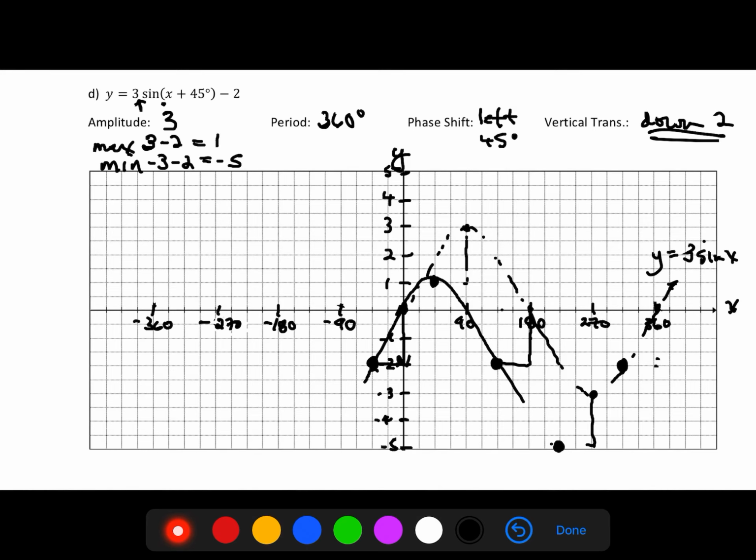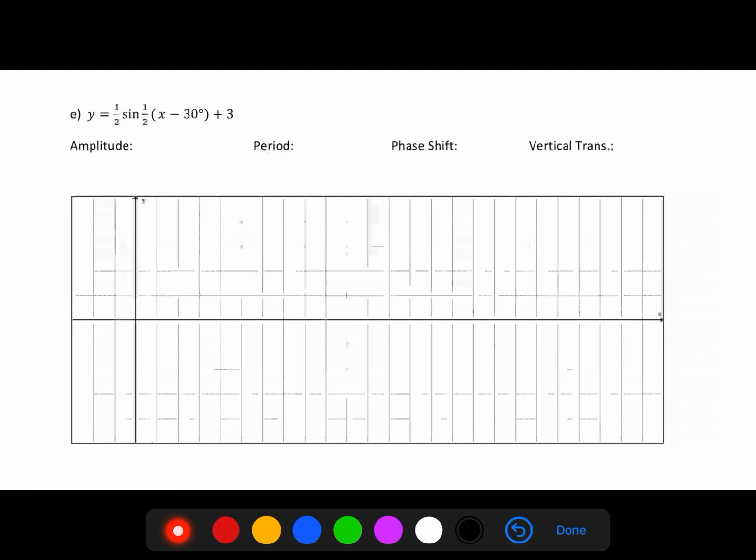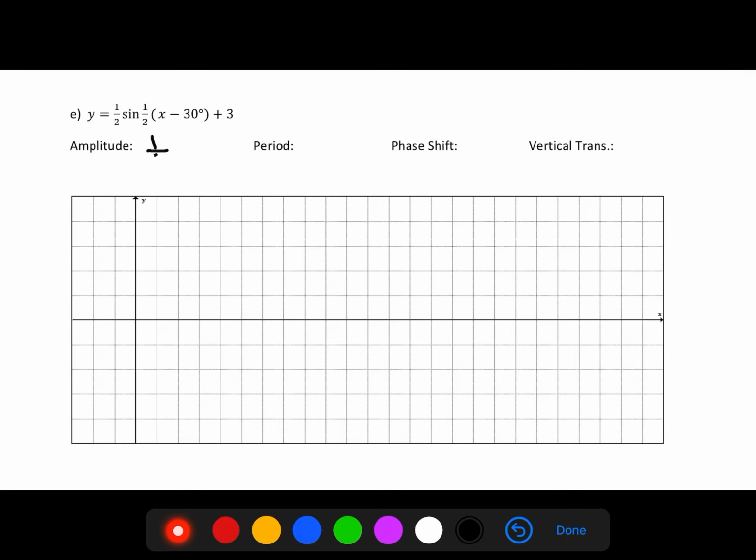So we want to know what our values are. So now we can draw our nice curve through our points, and we now have our graph of y equals 3 sine x plus 45 minus 2.